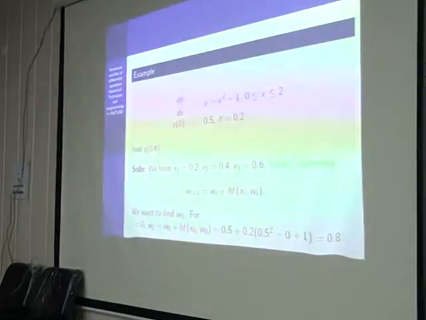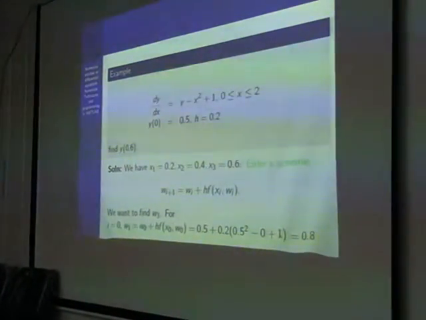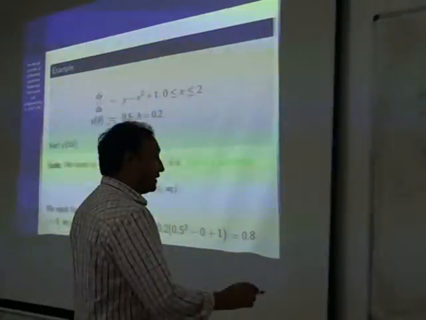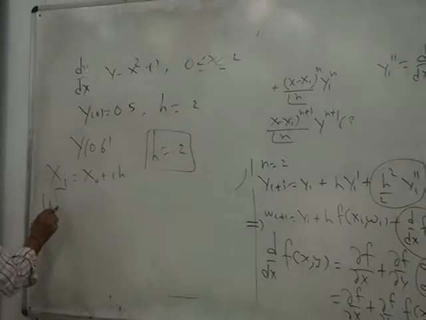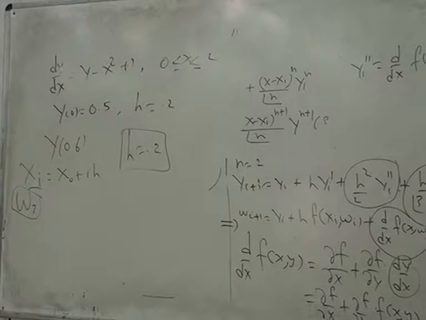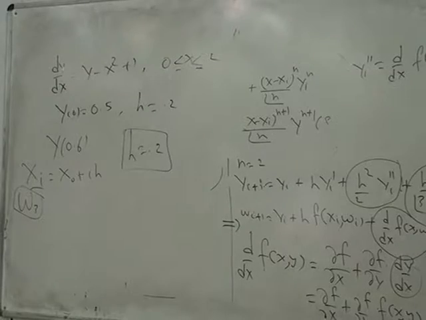Correct? x2 is 0.4, x3 is 0.6. So that means I am looking at W3. Understood? I am looking at W3 only.